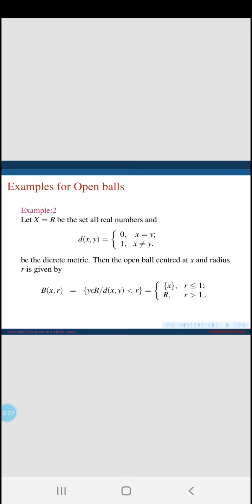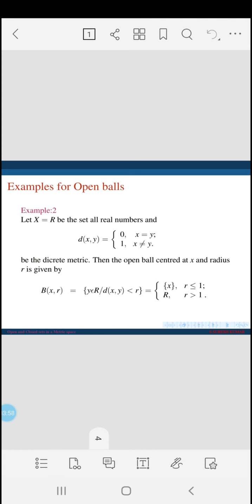When r is less than or equal to 1, the only possible value of d(x, y) is 0. That is, when x is equal to y, d(x, y) is equal to 0. Therefore, when r is less than or equal to 1, B(x, r) is equal to the singleton {x}.